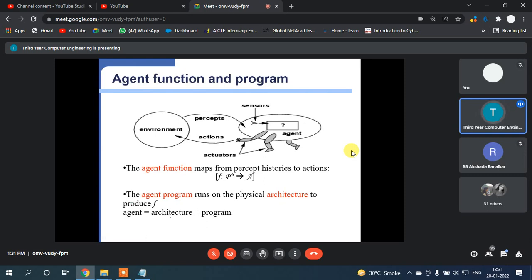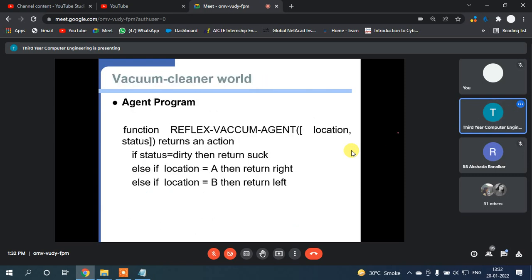Agent equals architecture plus program. A basic program is given for a vacuum cleaner world. Why is it called a world? Because agent plus environment is called a world. So this is the example taken here for the agent. What is the function there? Reflex vacuum agent. Reflex is the agent type. We are taking the reflex based agent as the example here, the reflex vacuum agent.